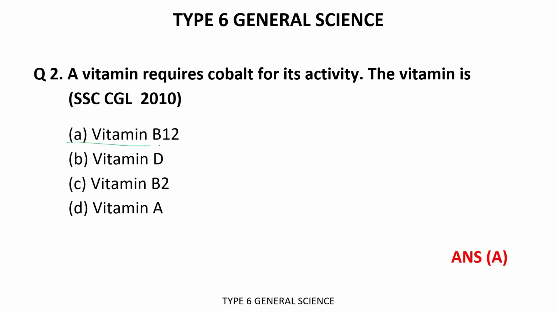The correct answer is A. So basically, B12 helps the cobalt for the metabolism activity, for the body, or you can say the food you are procuring, so that food could be utilized for providing energy. That's why there is a metabolism activity in which cobalt is working with the help of B12.